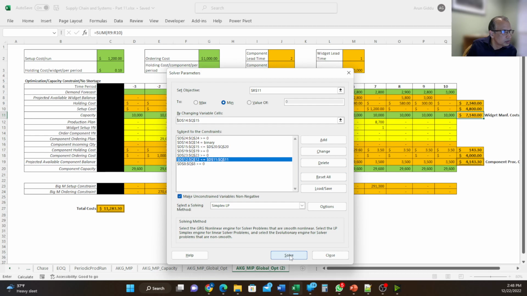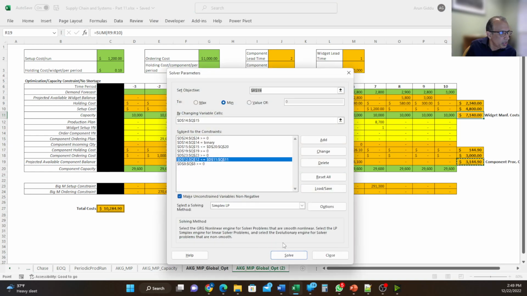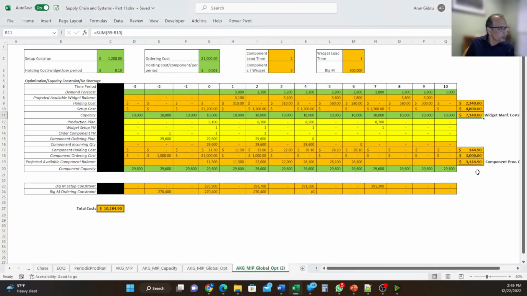So let's say, and then minimize. We want to minimize the cost of purchasing, which is R19. So let's do that. Let's see what happens. Okay, close.